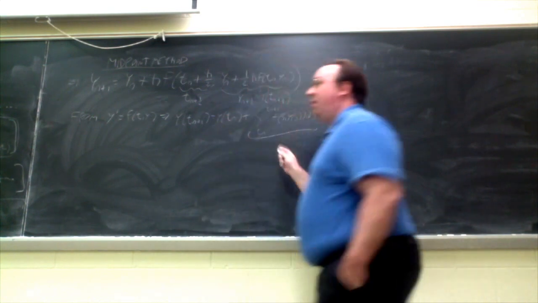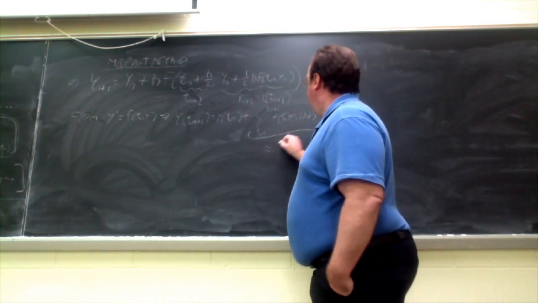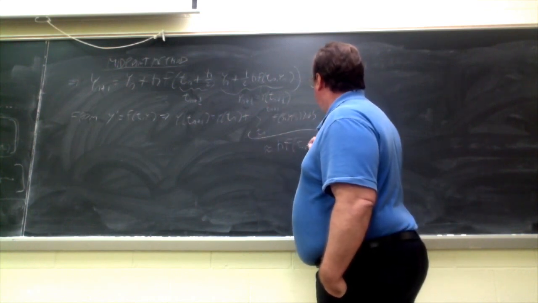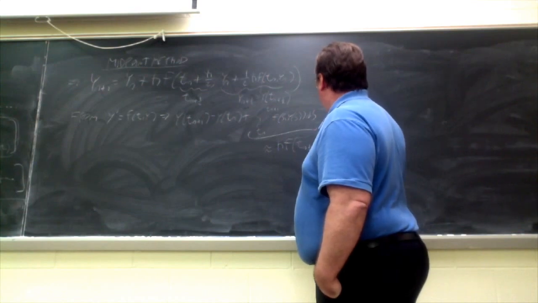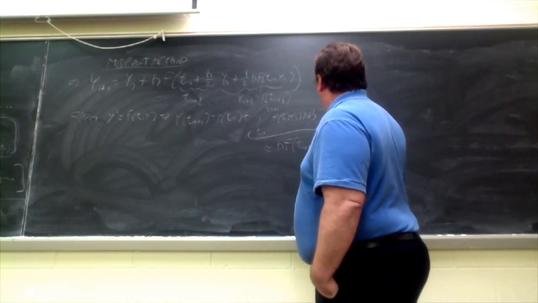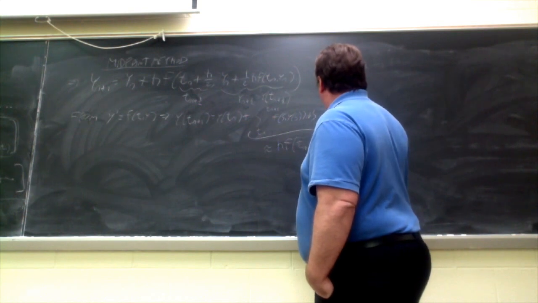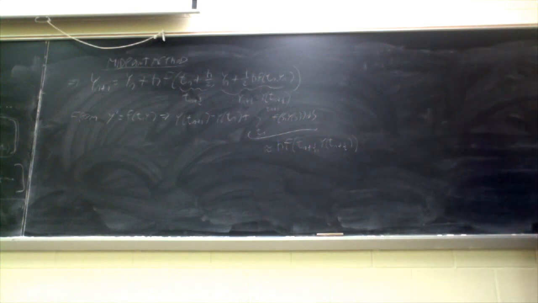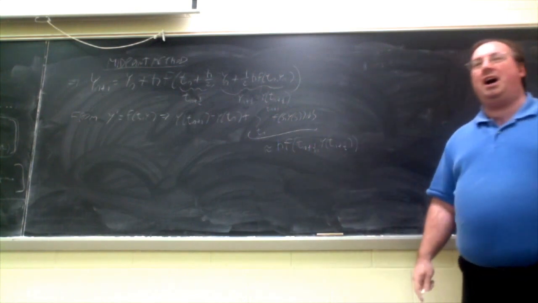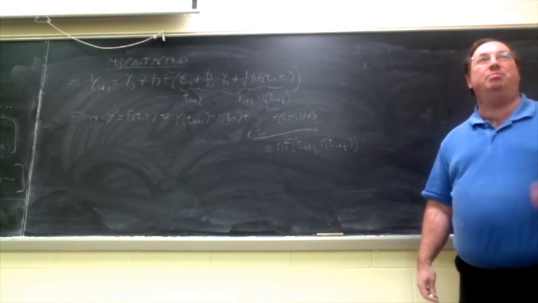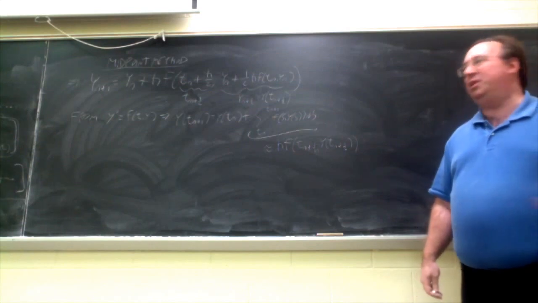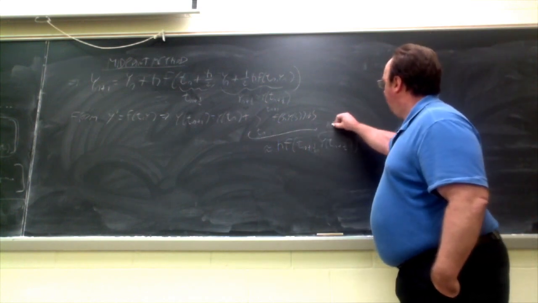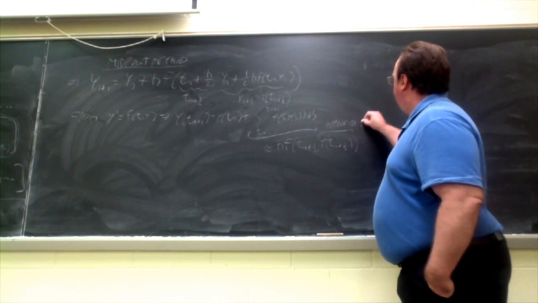And what you do is approximate this integral using the midpoint rule, which would be h f of (t_{n+1/2}, y of t_{n+1/2}). We could leave this as y_{n+1/2} and get some freaky implicit method. But we don't want an implicit method, we want an explicit one. So this is approximated by forward Euler.